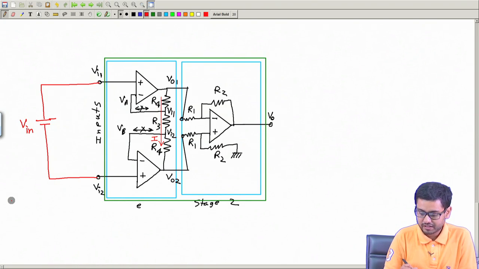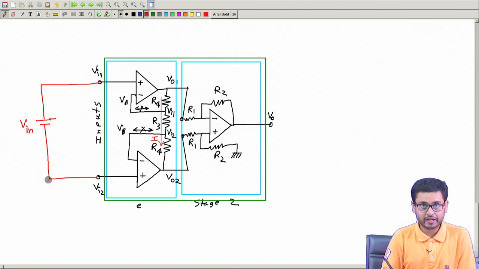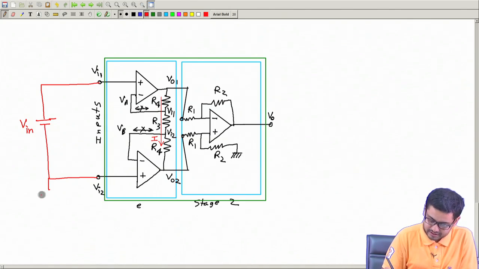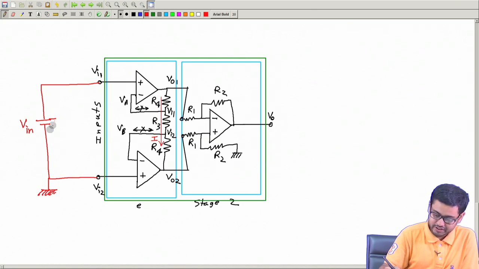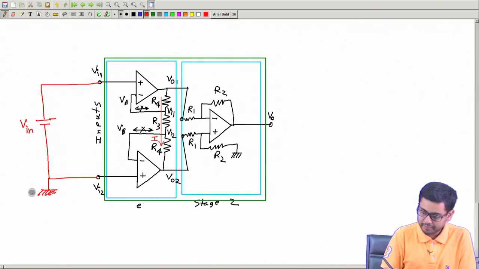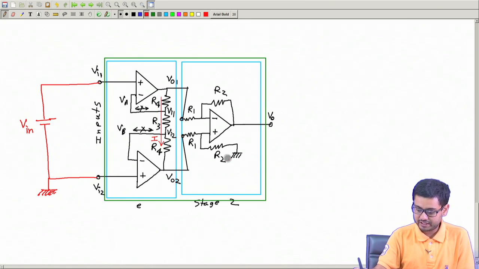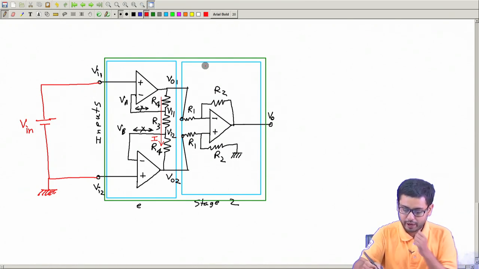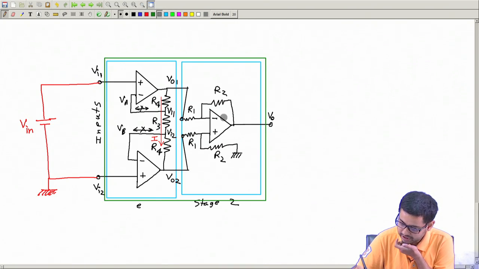But also do not forget to create a common ground to this input. So what is this ground? This ground means this is the same ground as this one here, or you actually have the power supplies. Let me also draw all these power supplies in a different color.